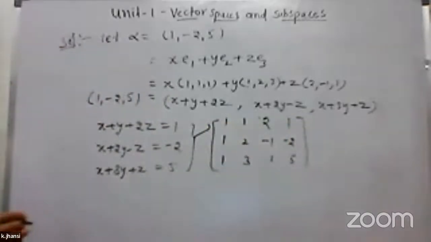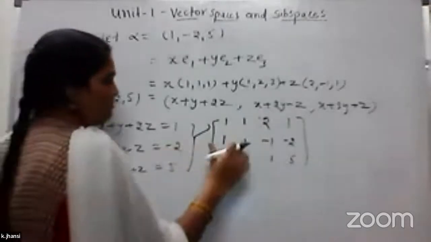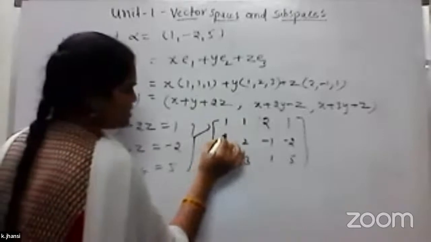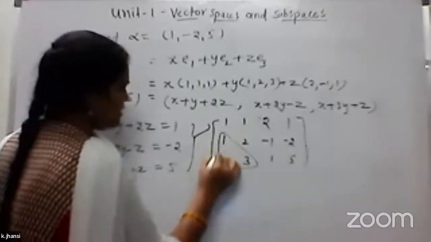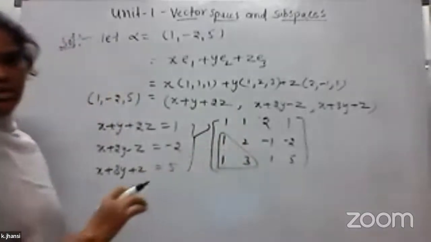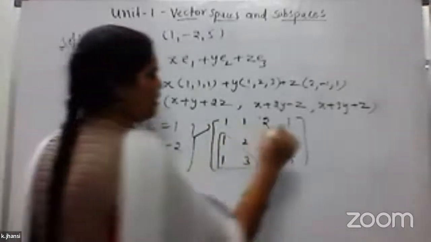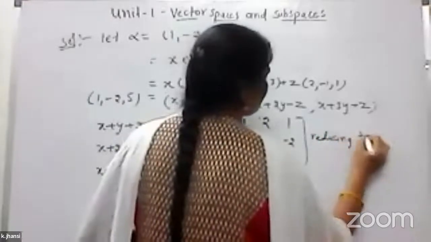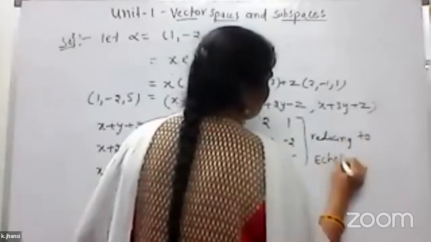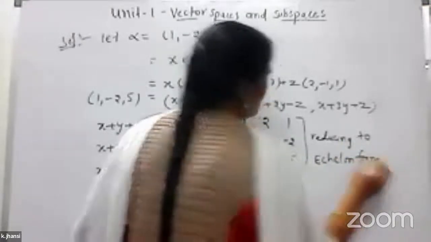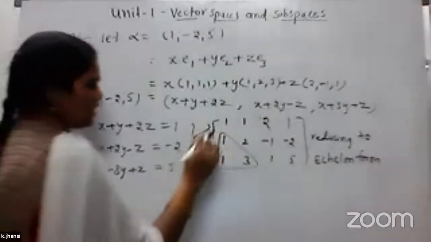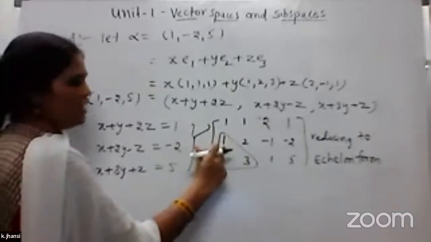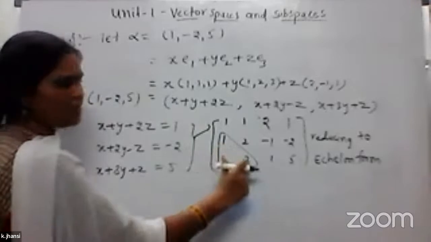You are writing in the matrix form. When you reduce the given matrix into echelon form, the lower triangle you have to make zeros. That is called echelon form. So for that, this has to become 0, this has to become 0, and this has to become 0. First you make this 0, then this, and after that this one.